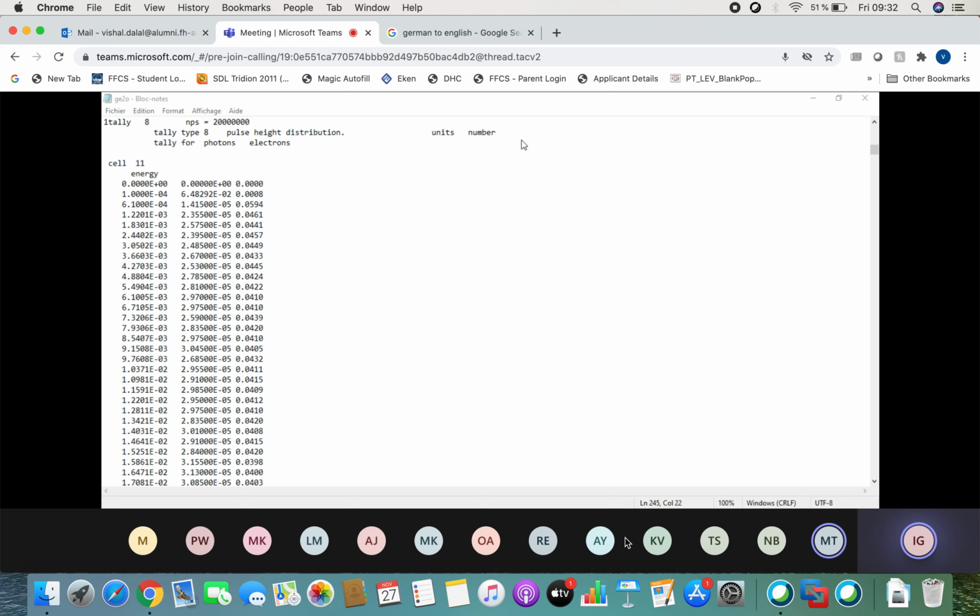So Genie 2000 will give you the real value of a real spectrum, finally. But in fact, you can compare. As I said, if you multiply each value of the second column of the F8 calculation by the total number of particles launched during your experiment, you can compare the spectrum obtained by MCNP and the spectrum obtained in real life.